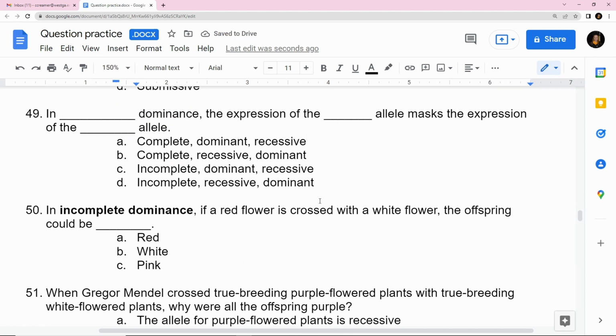In blank dominance, the expression of the blank allele masks the expression of the blank allele. Complete, dominant, recessive. Complete, recessive, dominant. Incomplete, dominant, recessive. Incomplete, recessive, dominant. To make this sentence true, the correct answer was A.